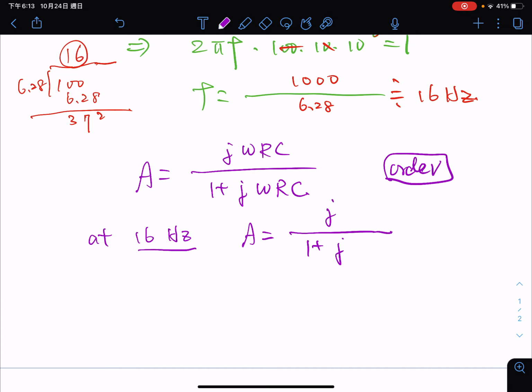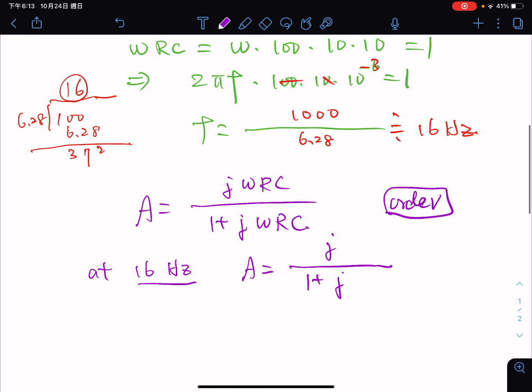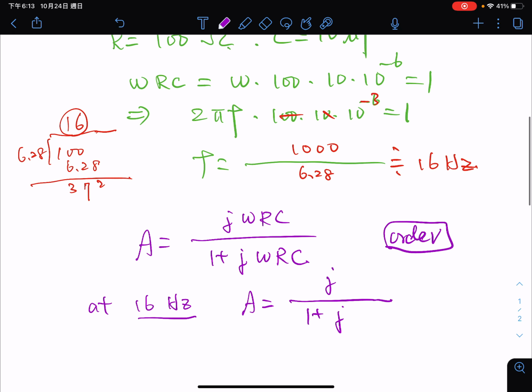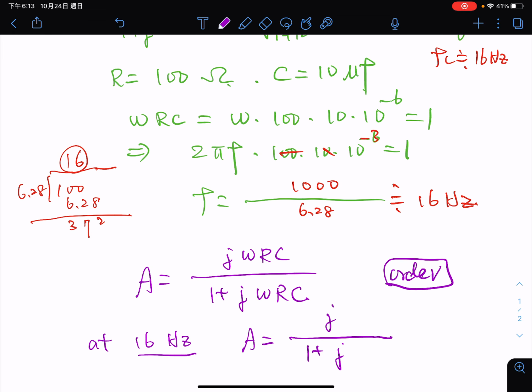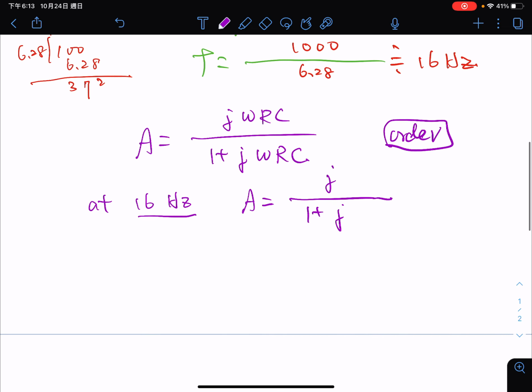But because we already know the RC, the RC is 10 to the minus 3. So this should be omega multiplied by 10 to the minus 3.